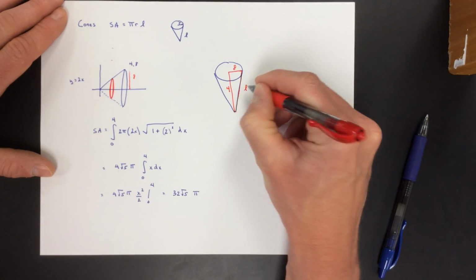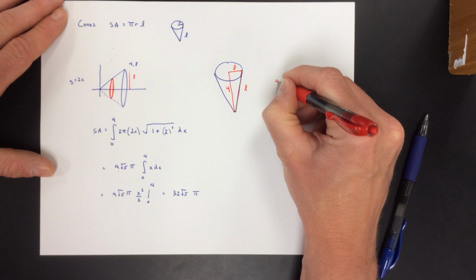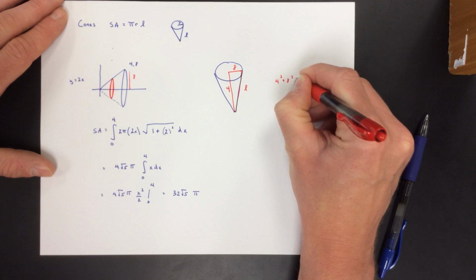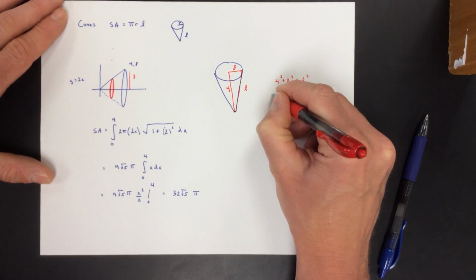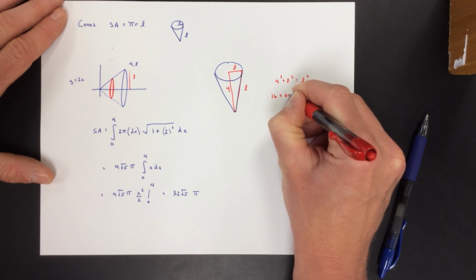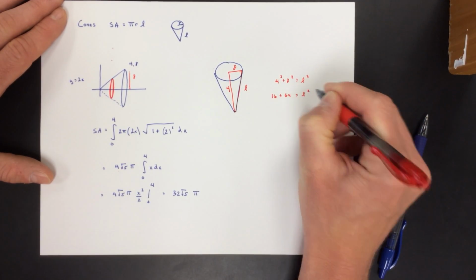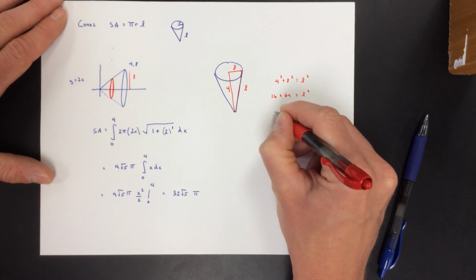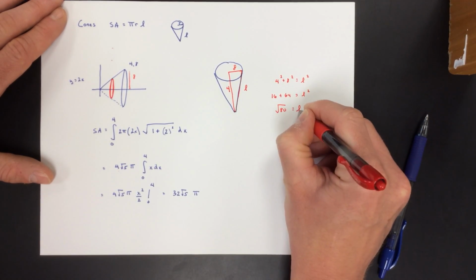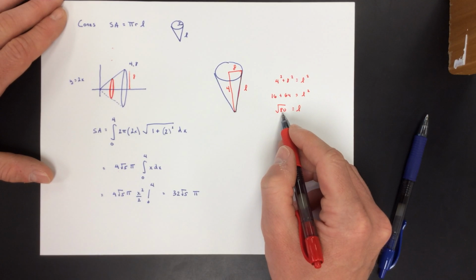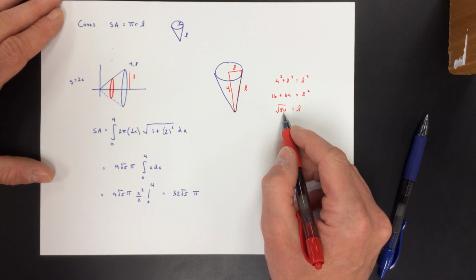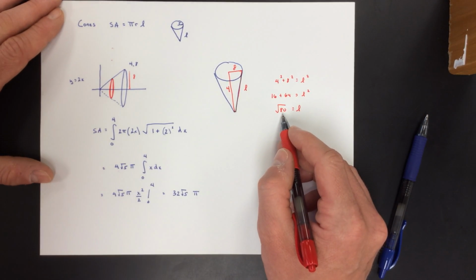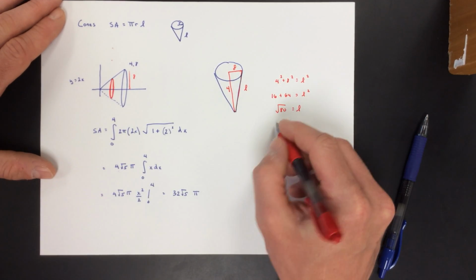So this slant height of the cone is 4 squared plus 8 squared equals L squared. 16 plus 64 equals L squared. So that's the square root of 80 equals L. What is that? That's 16 times 5.